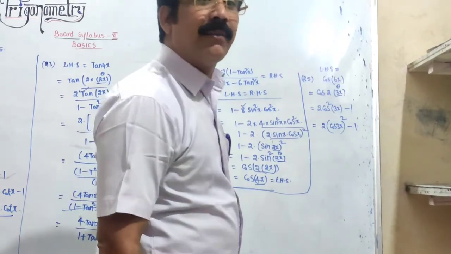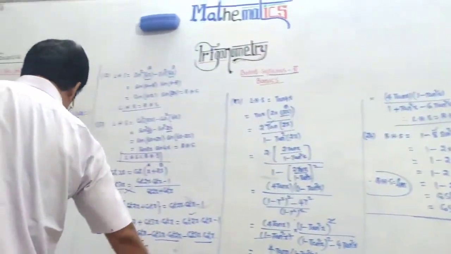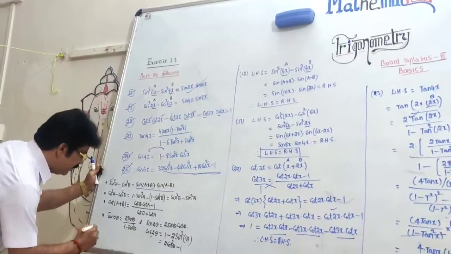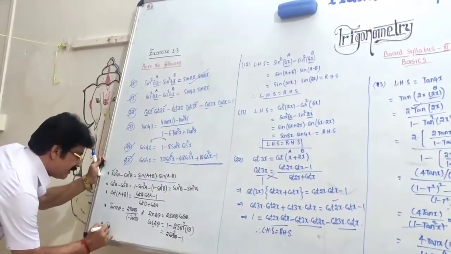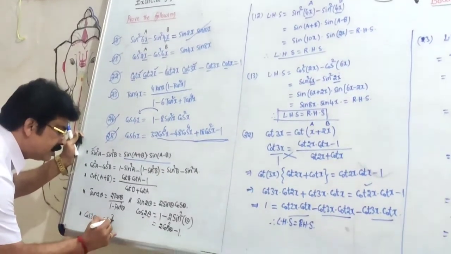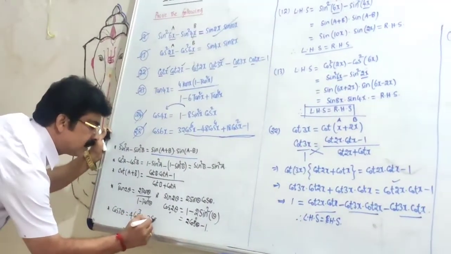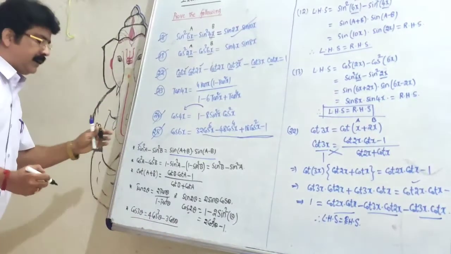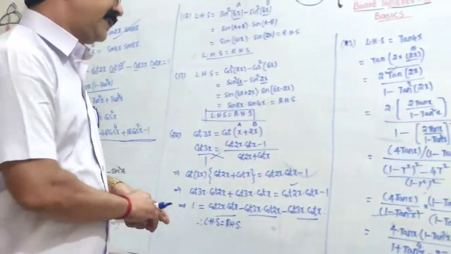Tell me the cos 3 theta formula. Cos 3 theta is equal to 4 cos cubed theta minus 3 cos theta.